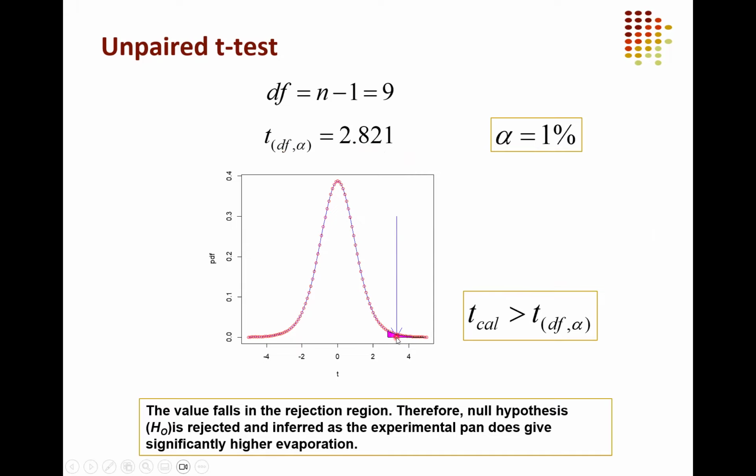Over here, the difference is significant. So the calculated value is greater than the ideal value. So the value falls in the rejection region. Therefore, the null hypothesis should be rejected and inferred as the experimental pan A does give significantly higher values in this setting.